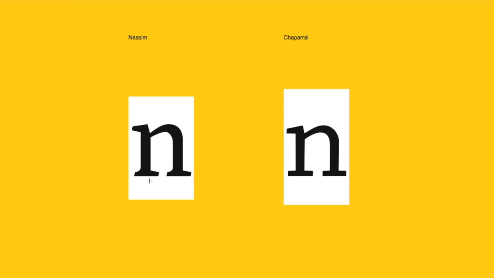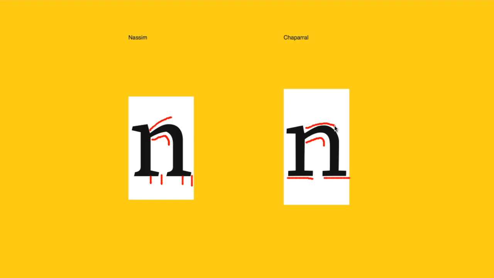You get a feeling as if the serifs are longer on the right side than the left side. So this gives us a much more calligraphic impression, combined with other decisions like this sharp direction and the counter shape over here in Nassim, and this abruptness at the joint, versus the more smoothed out approach in Chaparral: the slab serif direction, equally distant on the left and right side, and how the contrast is handled in the joint over to the shoulder.